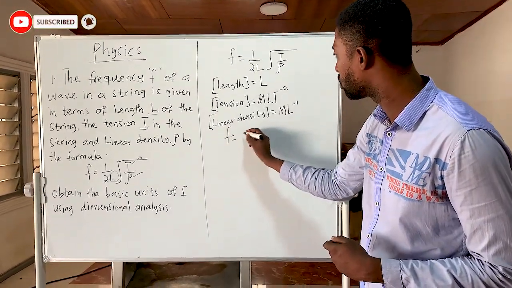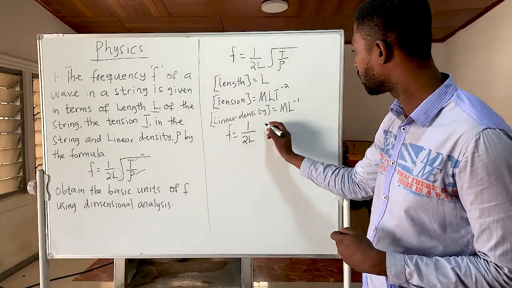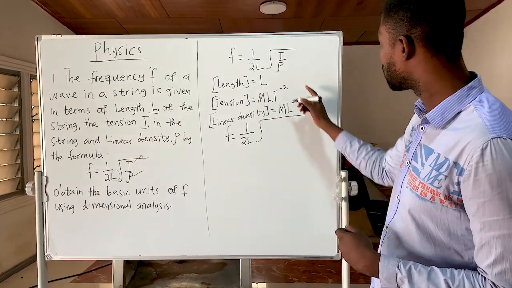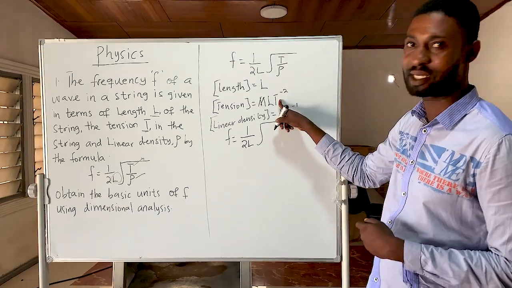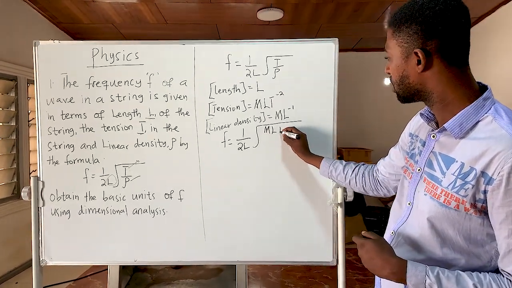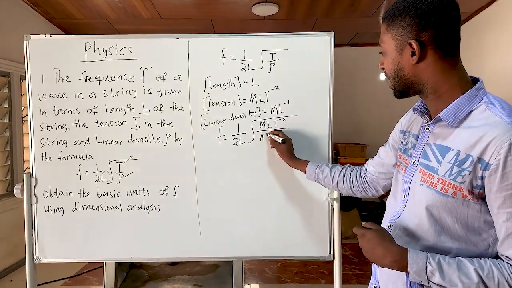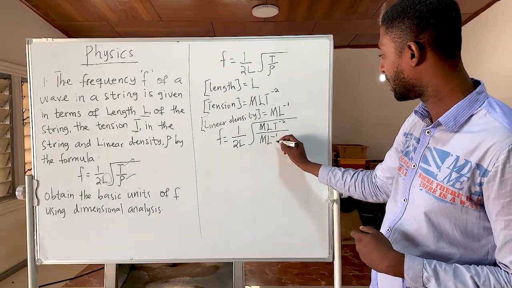So F is equal to 1 over 2L root. So instead of the tension, replace it with its dimension, MLT minus 2, all over the linear density, ML minus 1.